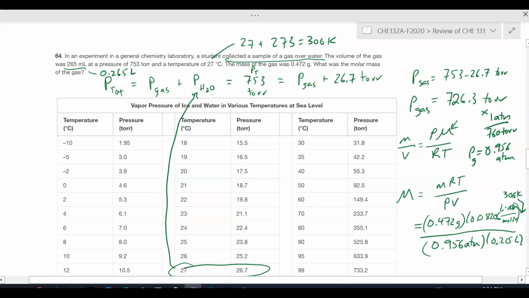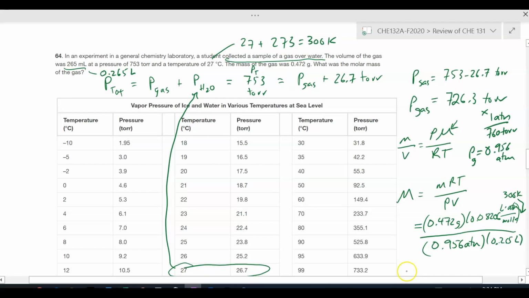So I'm going to start off by doing the bottom part. So the 0.956 times the 0.265 liters. That gives me the bottom part of that. Then I'm going to use the invert function on that, the x to the minus 1 function, and multiply it by the stuff on the top, 0.472, 0.08206, and 300 Kelvin.